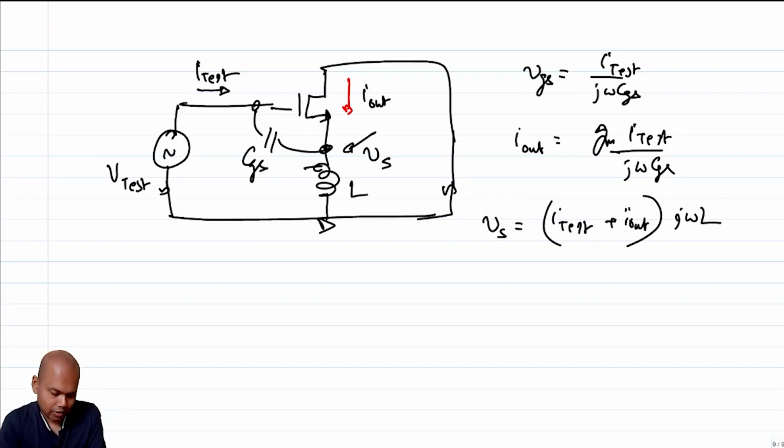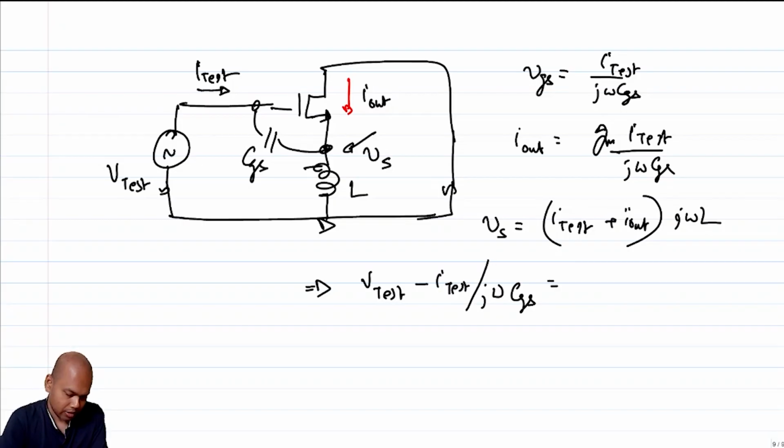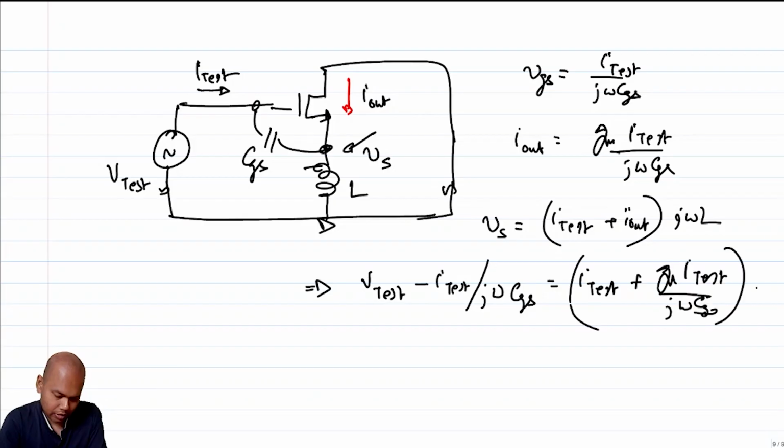Which is, again, I know that Vs is nothing but V test minus I test by j omega CGS, which is I test plus I out, which is GM times I test by j omega CGS, times j omega L.